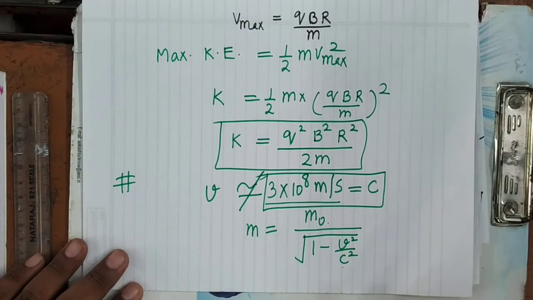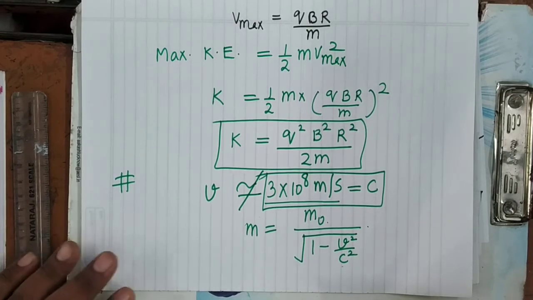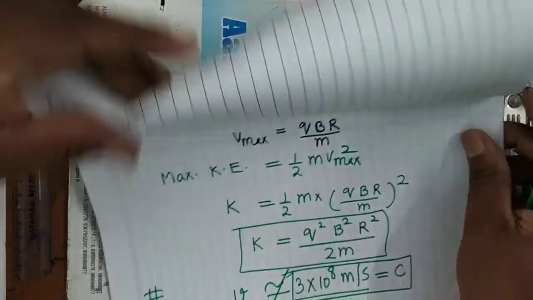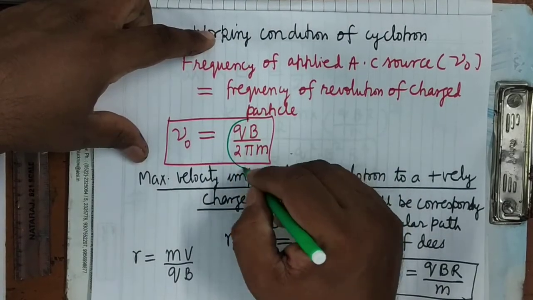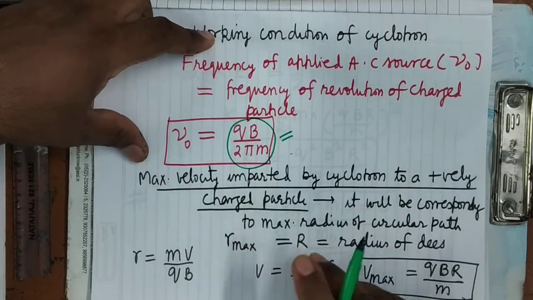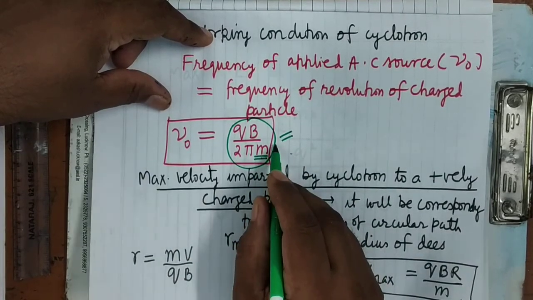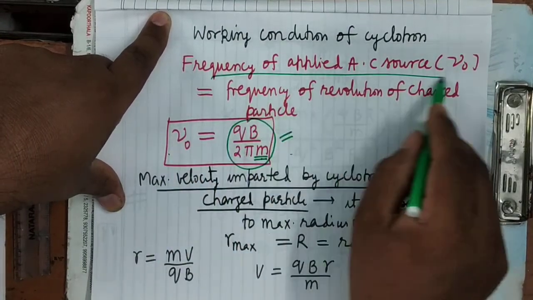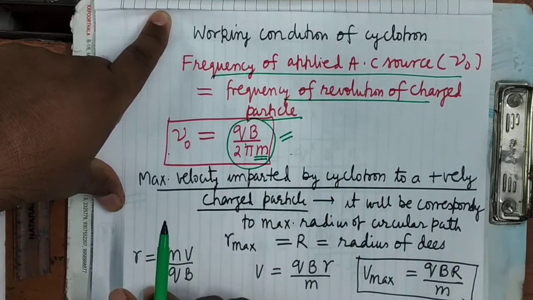So if the particle is moving with such velocity, what will happen? Its mass will not remain constant. And when the mass does not remain constant, the frequency of revolution will keep on changing with time, because it depends upon m. Therefore, nu naught will be equal to this only for a certain value of mass.